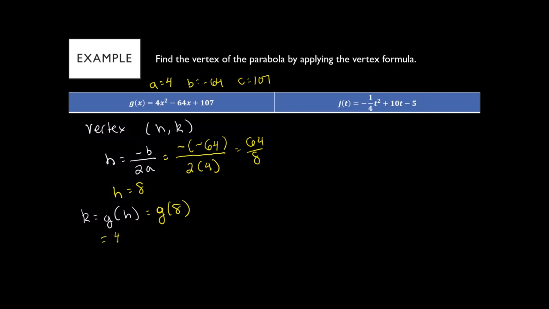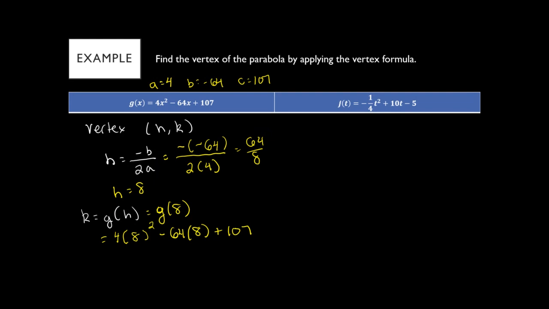So I have 4x squared, where x is 8, going back to our functions that we learned about last week. So that's going to be 4 times 8 squared minus 64 times 8 plus 107. And then we're going to be following the order of operations to simplify this expression.